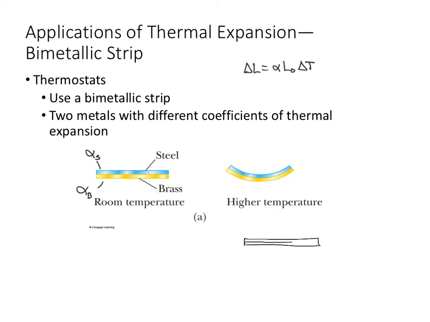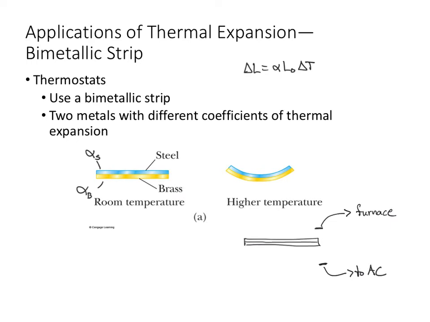If this is my strip and it's flat, and let's say that I have, up here is the connection for the circuit that goes to the furnace, to the heater. And let's say down here is a connection for the circuit that goes to the air conditioner.